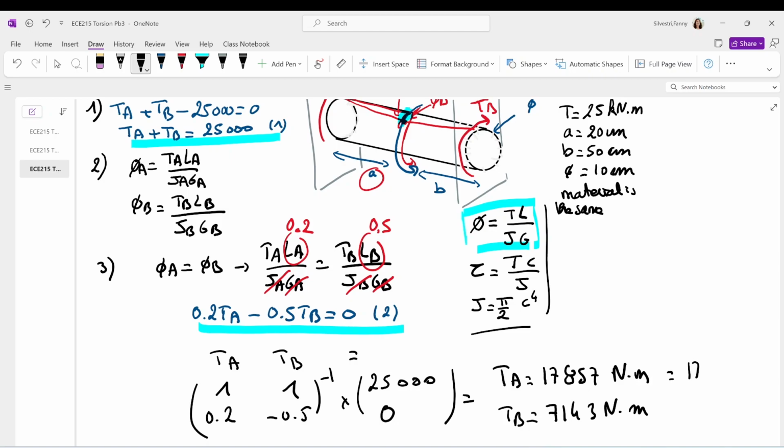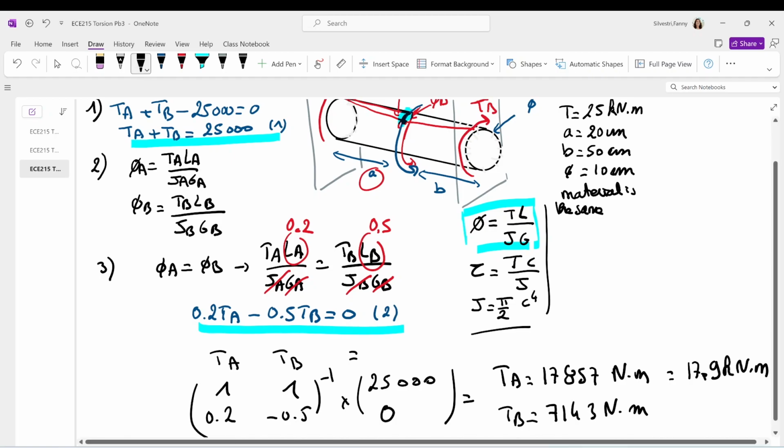So this is 17.9 kilonewton meters for this one, and 7.14 kilonewton meters for the other.